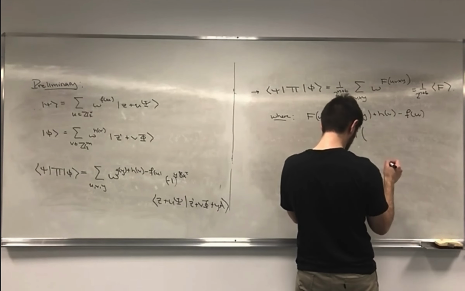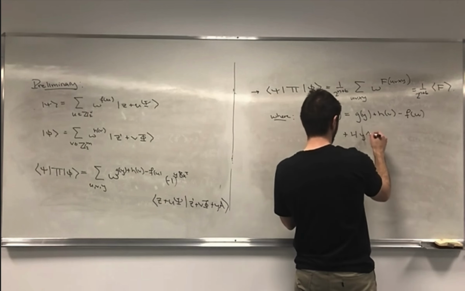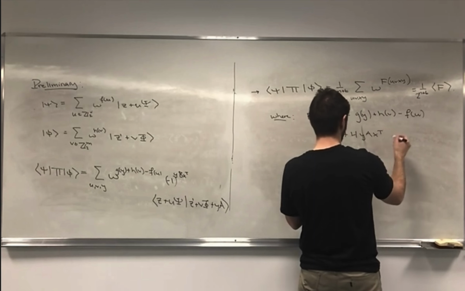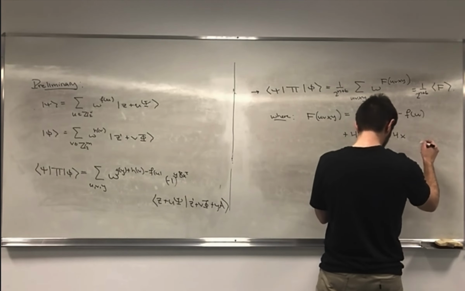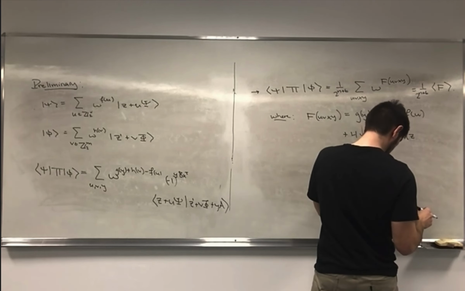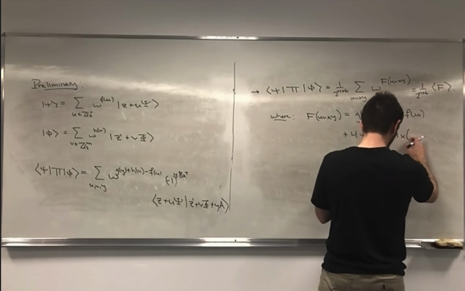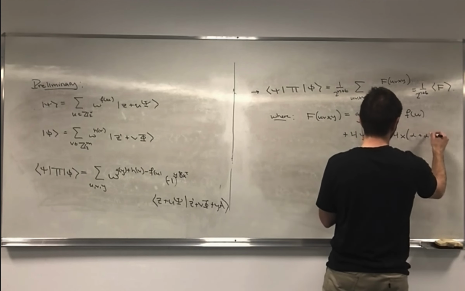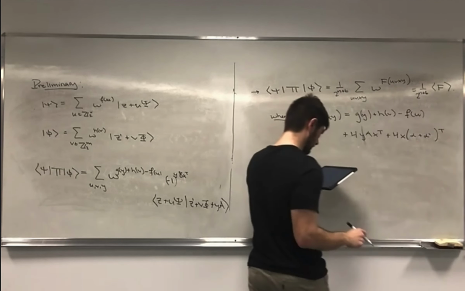So 4 times y a x transpose plus 4 times x z. Yeah, so I think that this is the alpha plus alpha prime term that I wrote down before. So I won't repeat it.